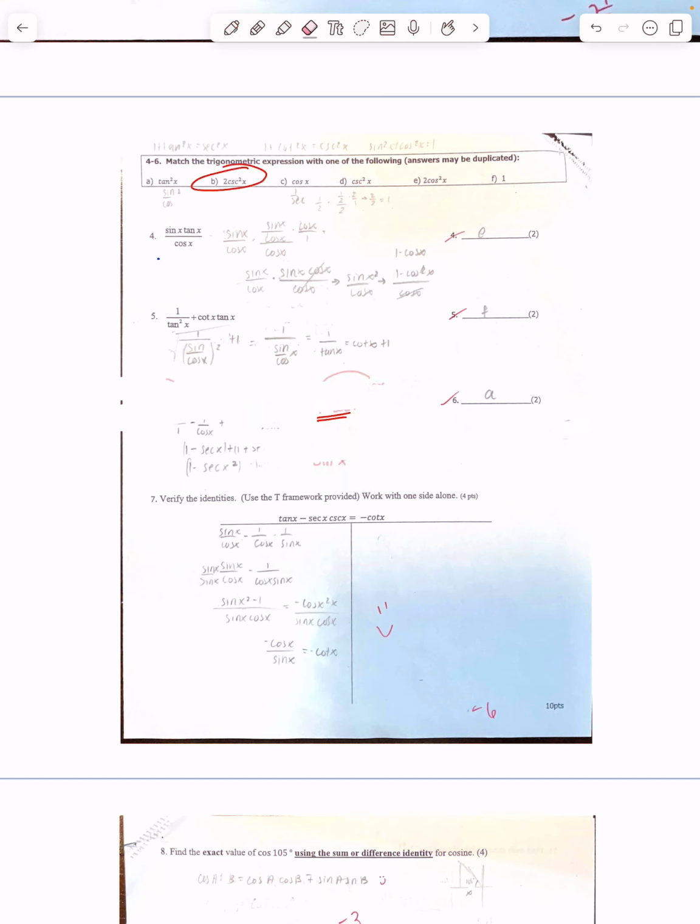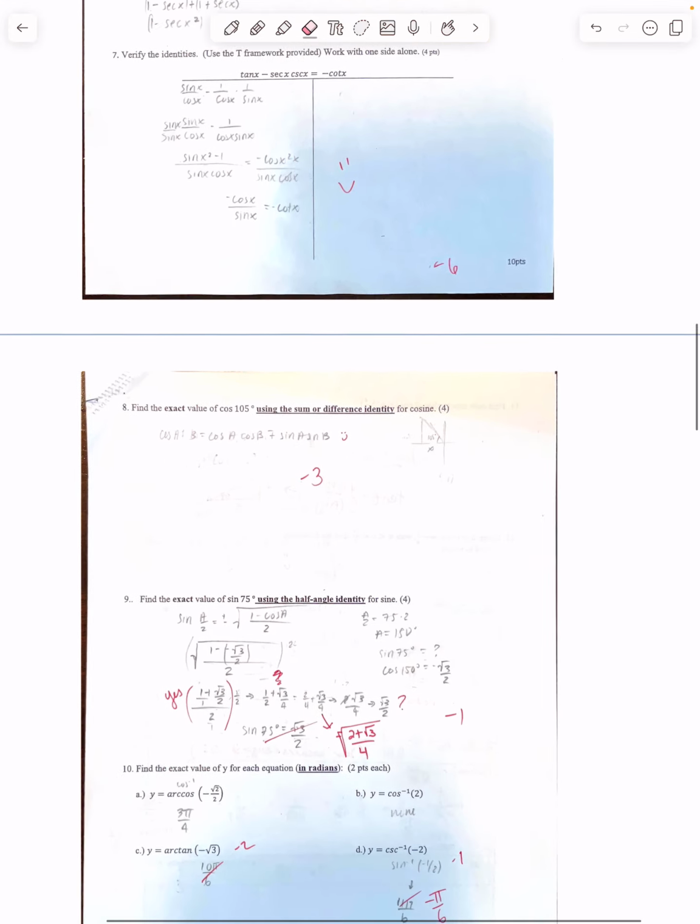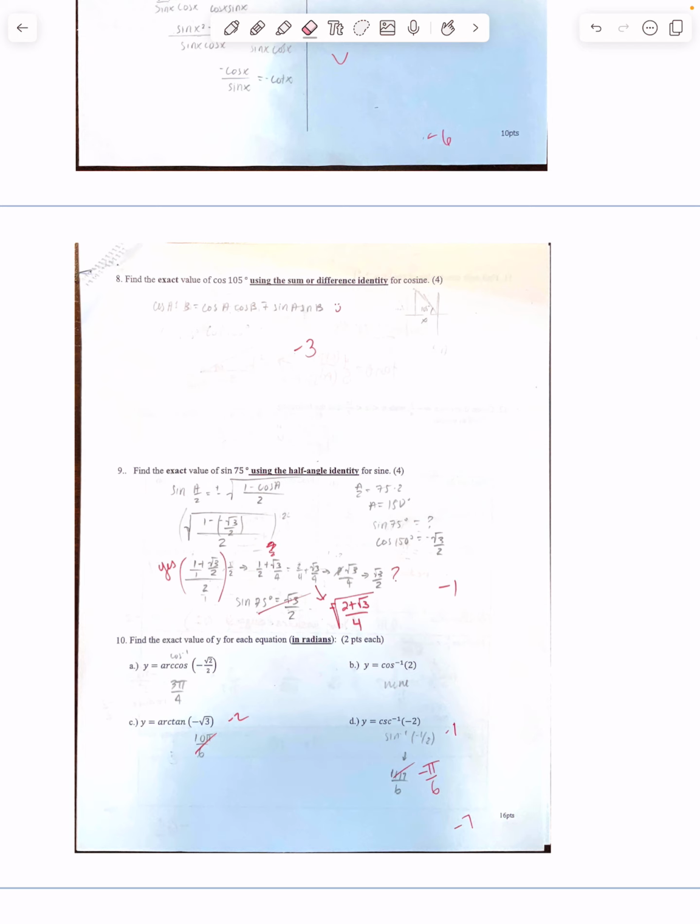All right. You did great on number 7. Number 3, sum and difference identities. You did have it written correctly. All you needed to do is figure out 2 angles that are on the unit circle that add up to be 105. So, I don't know, 45 and 60 would work.